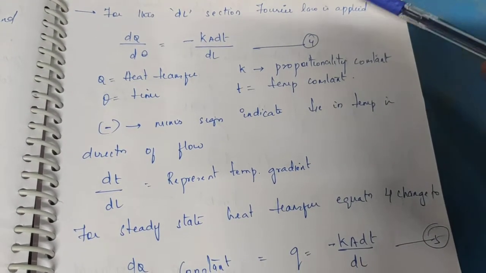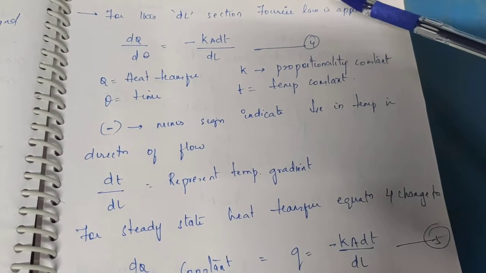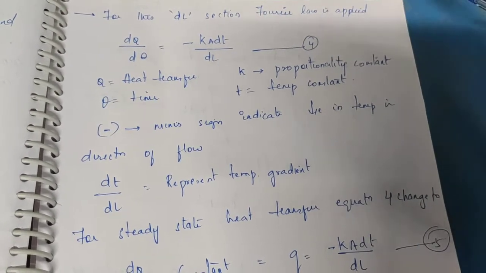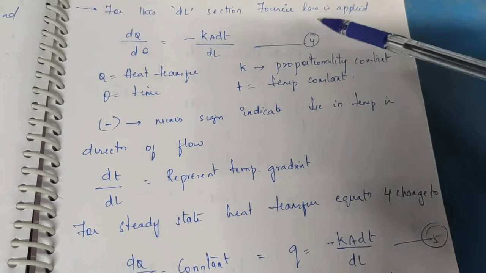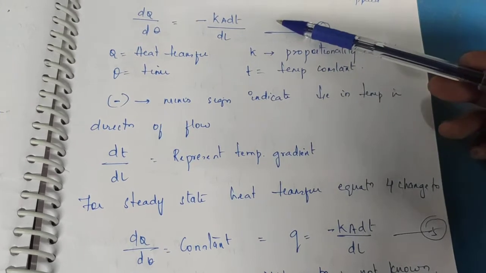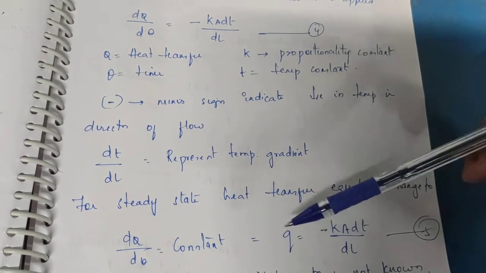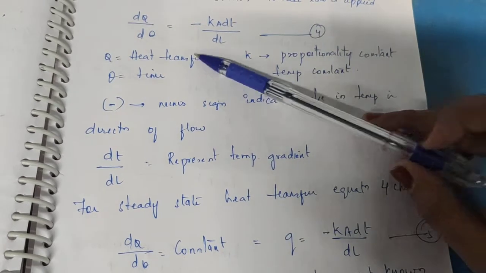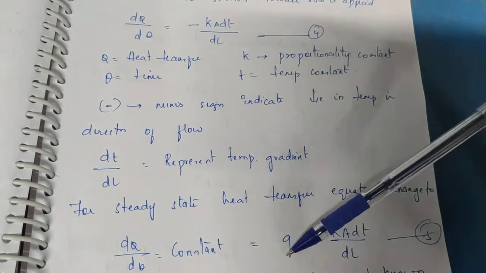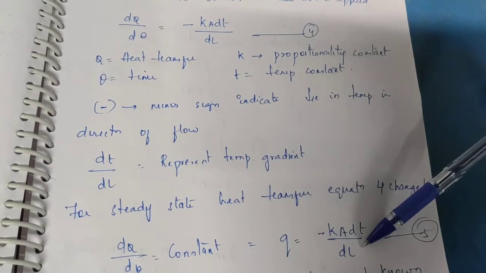Okay, so for steady state, whenever we talk about steady state, heat transfer will be in an equal form. So when we change equation 4 to the constant heat transfer equation, we get the equation as Q is equal to kA dT by dL.